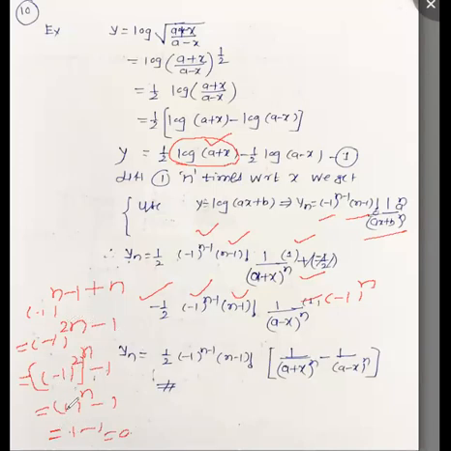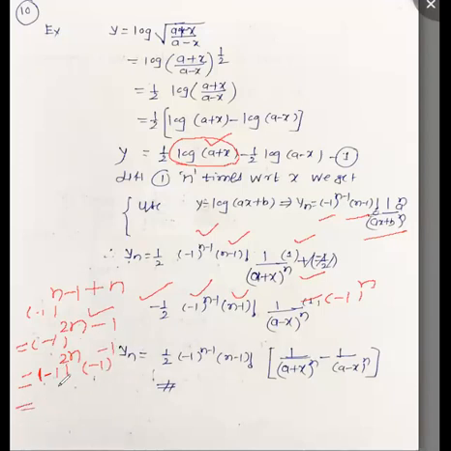Minus 1 raised to, sorry, just a minute. Minus 1 raised to n minus 1 plus n, twice n minus 1. These are the powers of minus 1. So minus 1 raised to twice n minus 1. So it is minus 1 raised to twice n into minus 1 raised to minus 1.